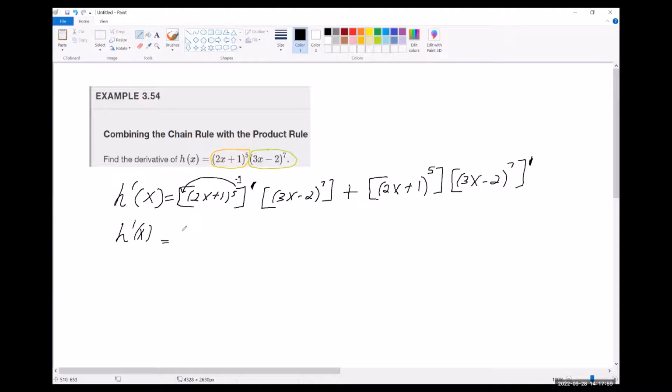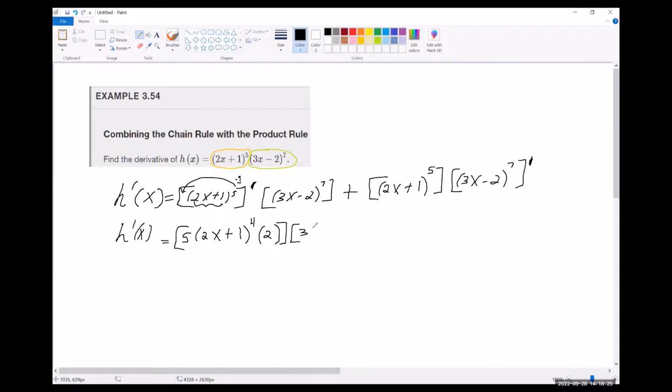So then it's going to be, and I'll leave it in brackets for now. This becomes a 4. But it's a chain rule, so I need the derivative of the 2x plus 1, so that's just 2. All right, so we're done with that.